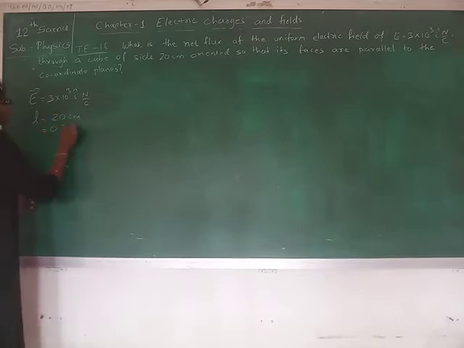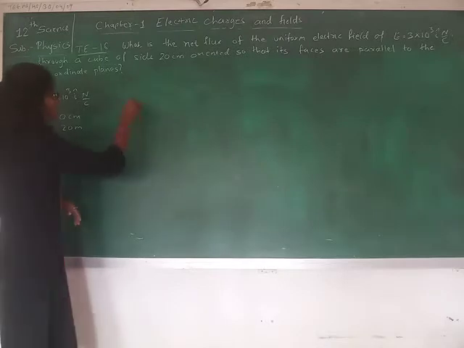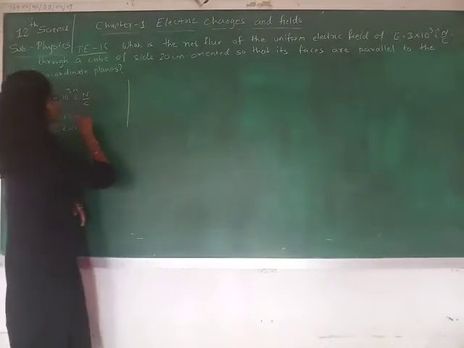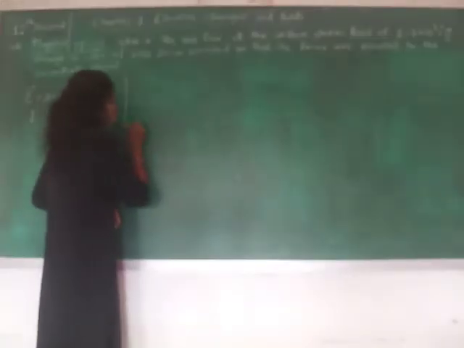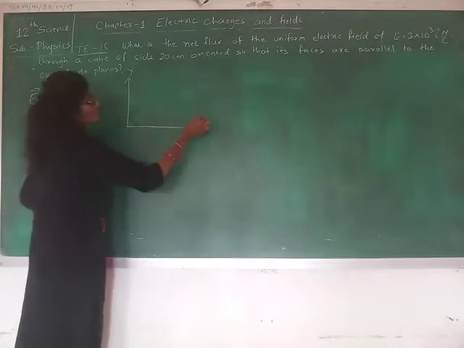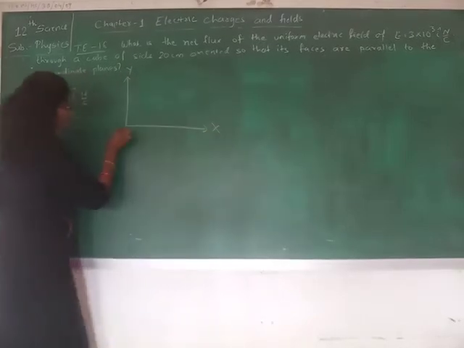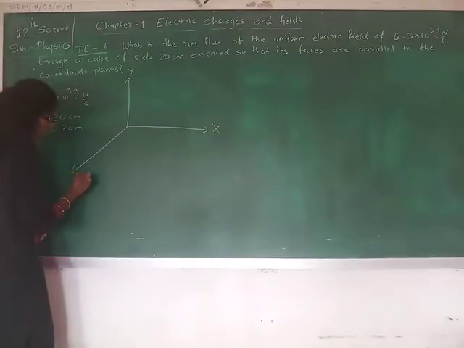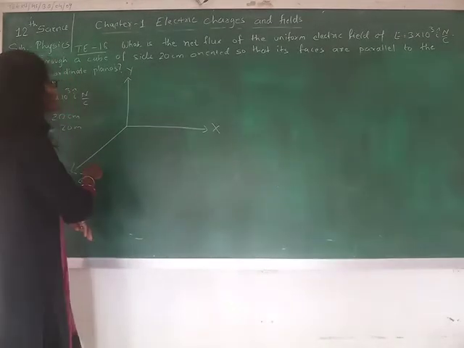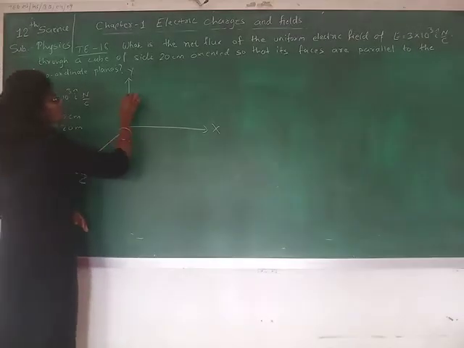Let us write it in meter. And how is this cube placed? What is written? Faces are parallel to the coordinate planes. So first of all, let us draw the coordinate system. And what is given is faces of the cube are parallel to the coordinate planes.